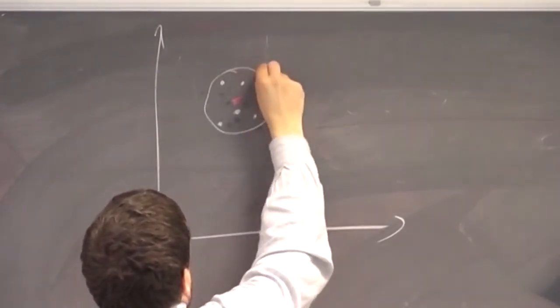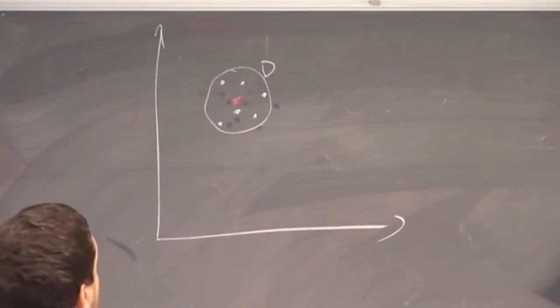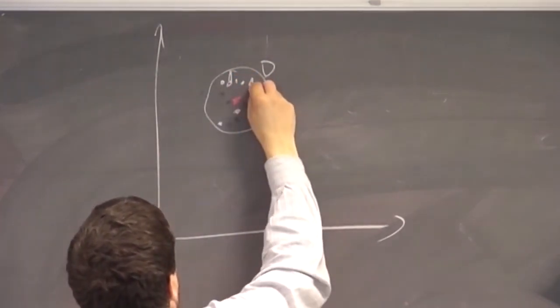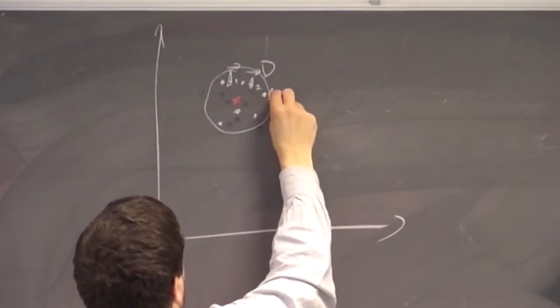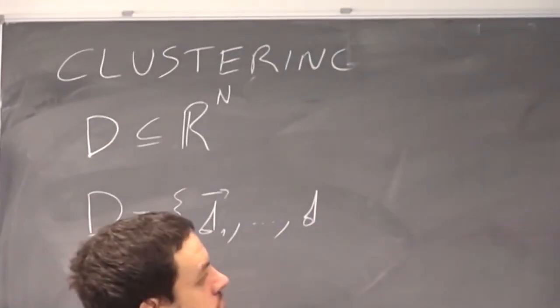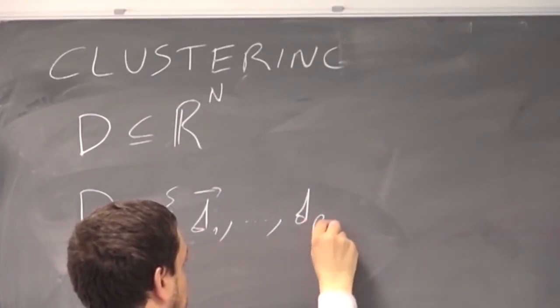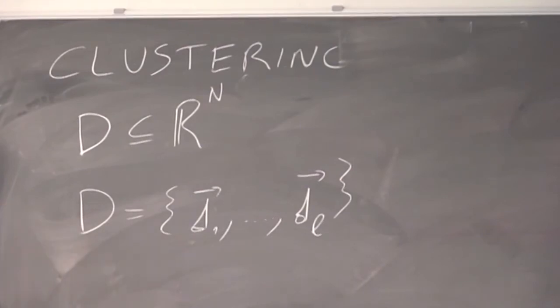And so suppose that this is our set D. Let's call the elements d1, d2, and so on, and we know that they are vectors. So our set D is made by, let's say, it contains L elements.